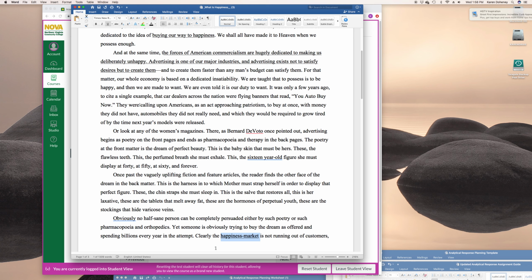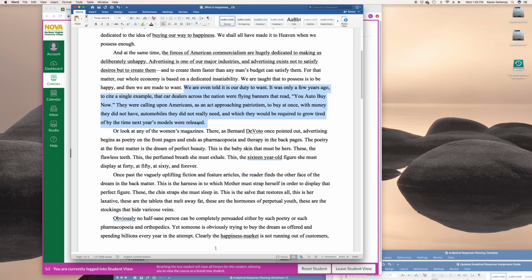So how does he illustrate this main idea about American materialism? Well, he does it with two main examples. So we are taught that to possess is to be happy, and then we are made to want. So that's what he means, okay? We are even told it is our duty to want. So here's the first example, okay? And it's about the car industry. So he's talking about the car dealers.